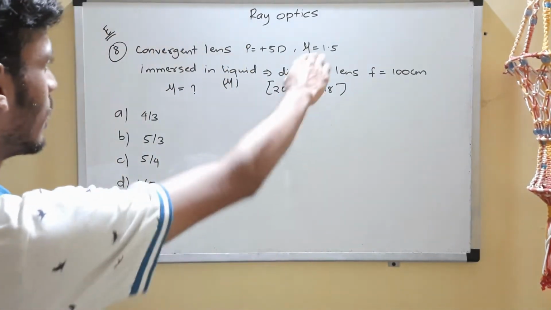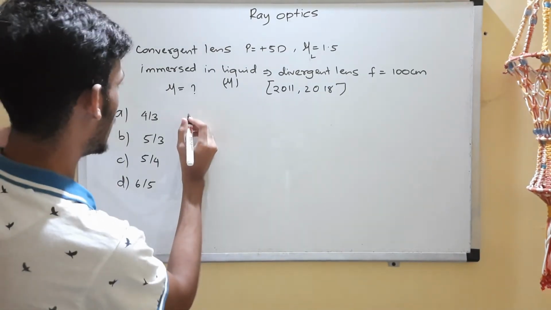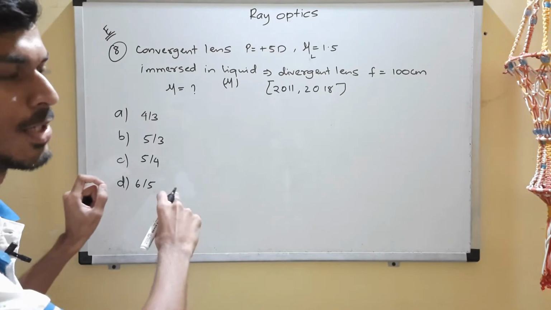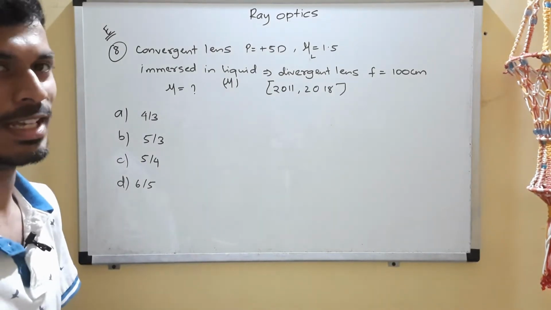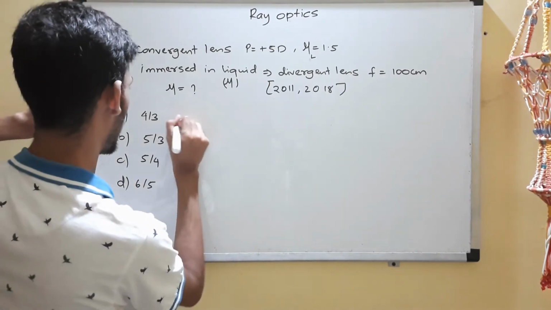Okay, so if you see the refractive index of your lens is 1.5, let's see the refractive index of liquid over here. Okay, let's evaluate the different options and let's see which options are greater than this. Okay, those are something that we should look upon.